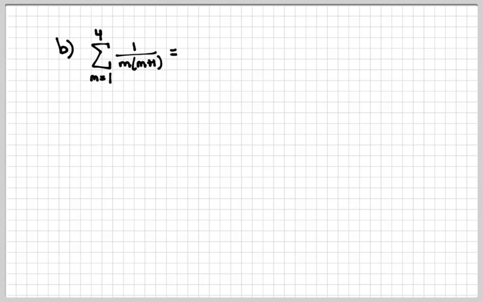We're going from 1 to 4, so we're going to have 4. And notice you now have 2 m's, which means you're going to substitute in your input twice. So 1 over, I'll use parentheses, blank times blank plus 1. That'll be our first term, and we'll do this 4 times.